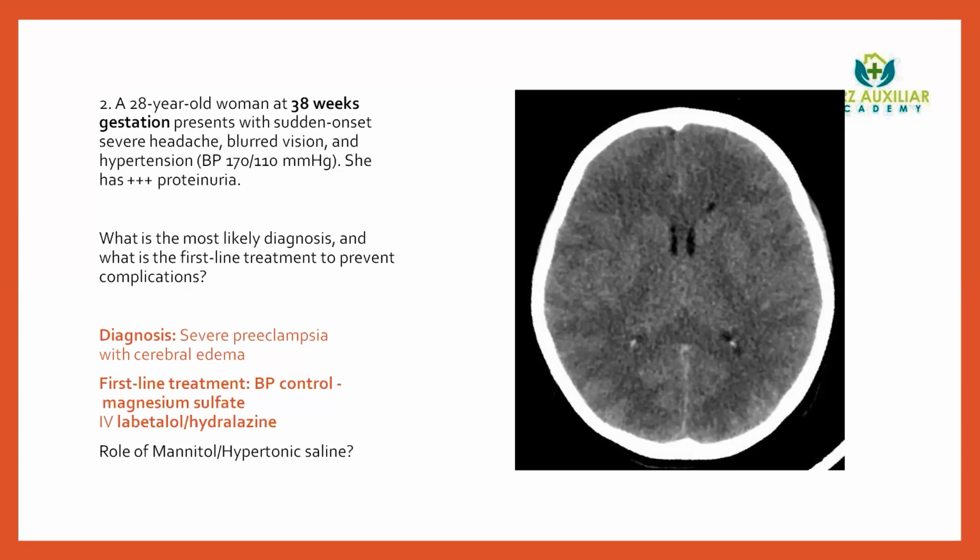And if the symptoms are not well controlled or progressing, then we would think about early delivery. Early delivery, and of course, we have to use fetal monitoring, cardiotocography, CTG.